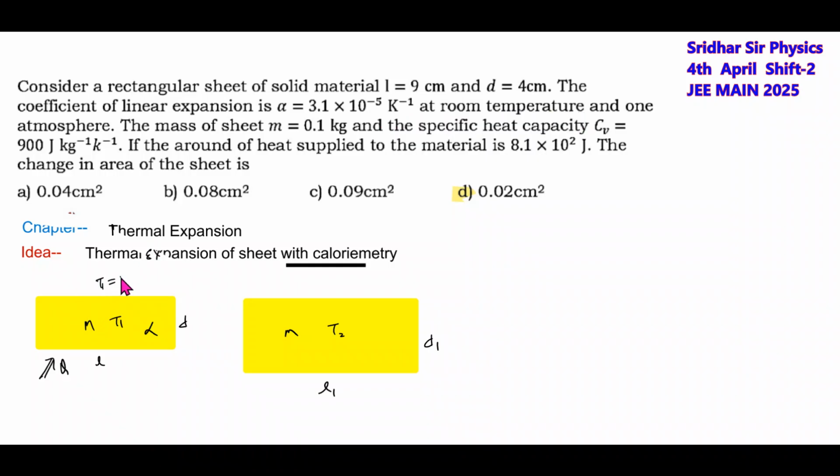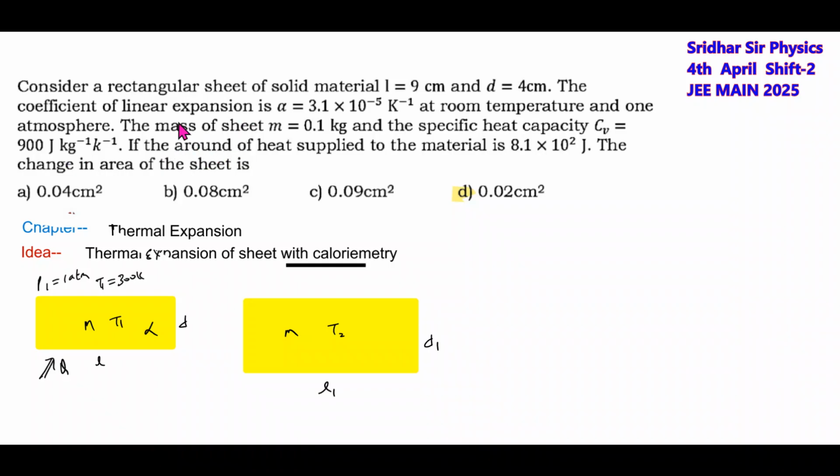It will be room temperature, 300 Kelvin, and the pressure is 1 atmosphere. The mass of the sheet is given, and the specific heat capacity is 900 joule per kg per Kelvin.